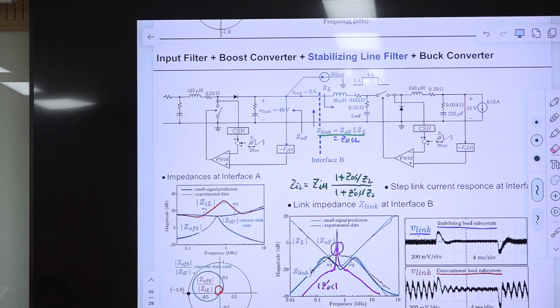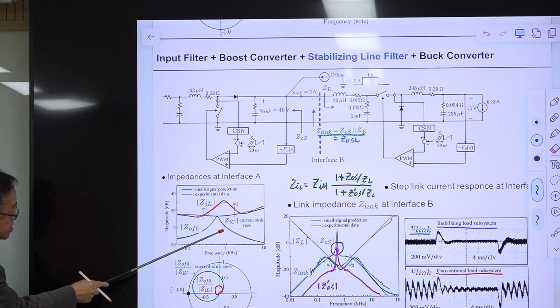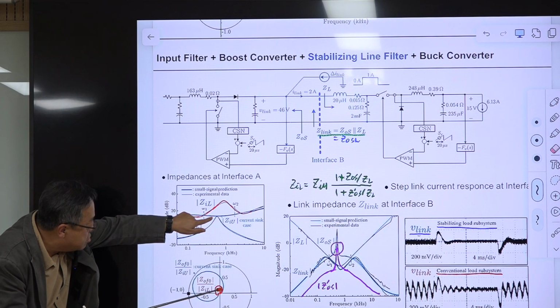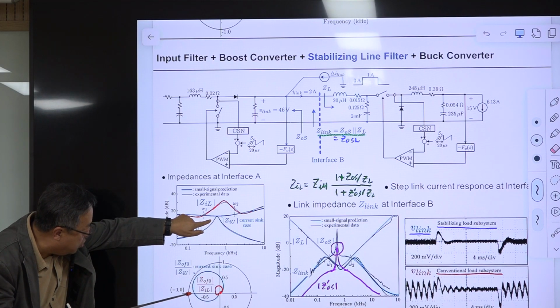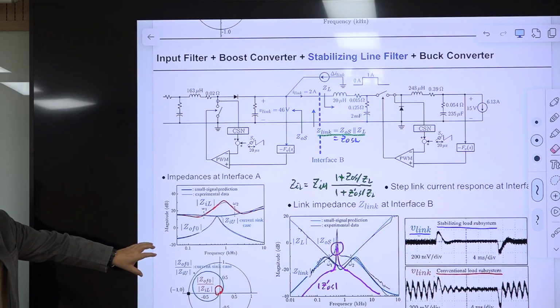Okay, let me go back to this example. We have a comparison here, okay? And I plot the polar plot of the impedance ratio between this and this, and this and this, okay? So it is almost touching each other. This trajectory approaches this critical point, very dangerous, almost unstable.